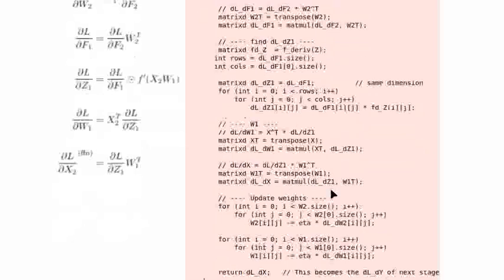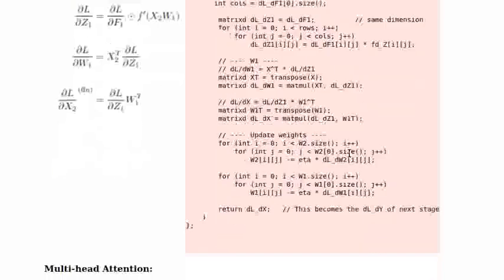And then for W1, so dL/dW1 is this X2 transpose times the dL/dC1. So dL/dW1 is matrix X transpose times dL/dC1. Okay, the X is our X2 here, the input, the generic name.